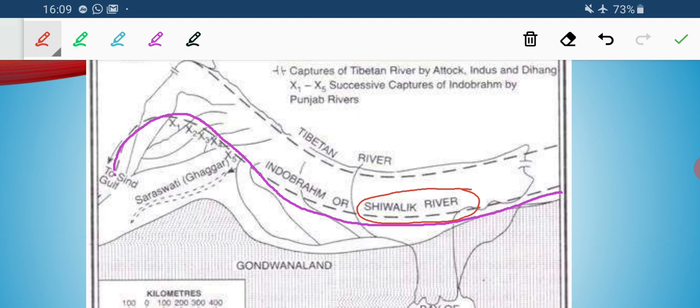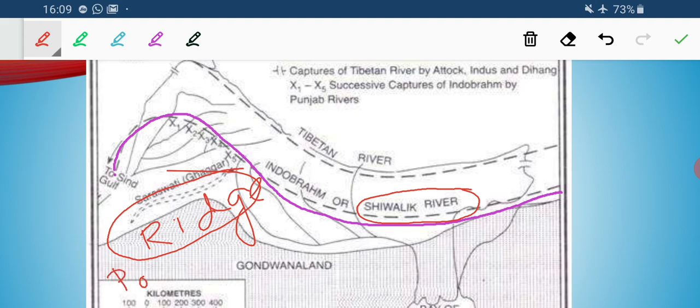As a result, in this part, an extreme northwestern part of peninsular plateau developed as a ridge, which was named as Pothwar plateau, or the common name that will be there in your mind is Delhi Ridge.